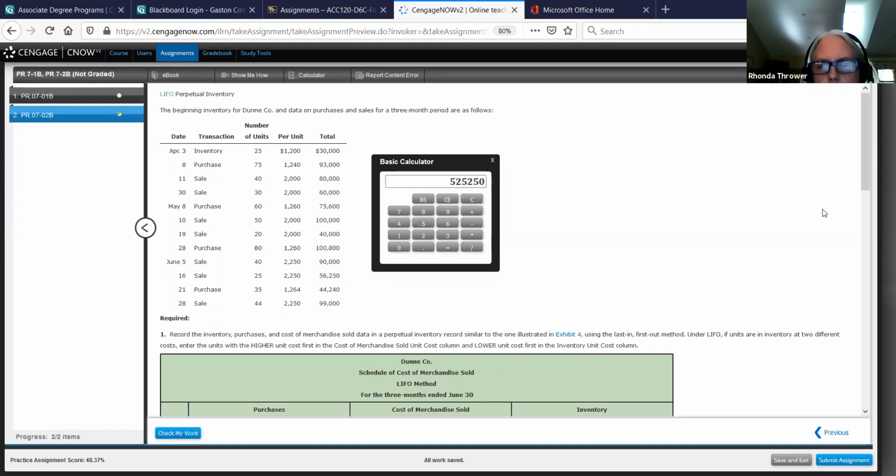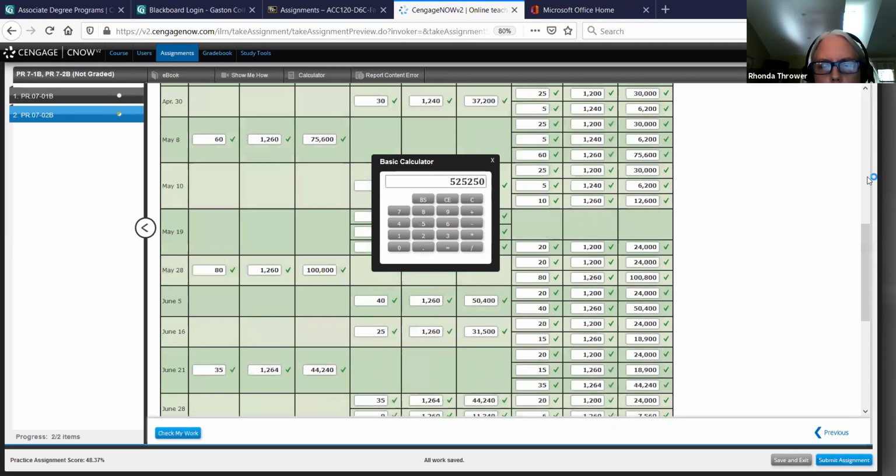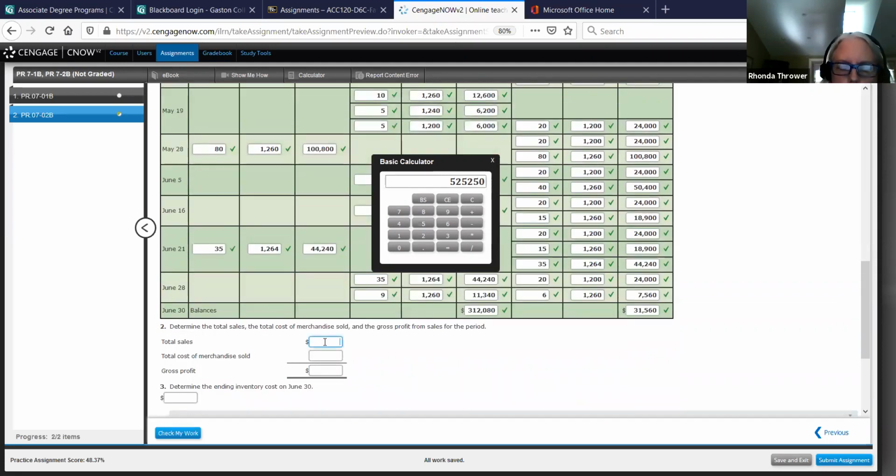And if I've added all those right, it gives me total sales of 525,250. Let me check to make sure my math was right on that, because there would be no need to go any further if it weren't, and it's okay.